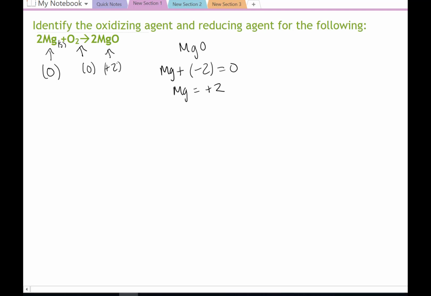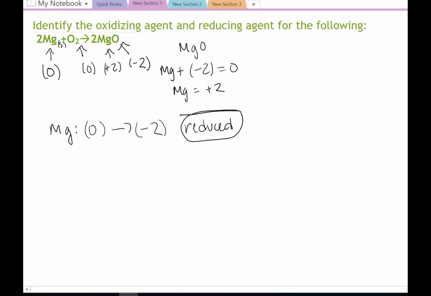So magnesium's positive 2, oxygen's negative 2. So we can see that magnesium is going from 0 to positive 2. So we would say it's being oxidized. And then we would say oxygen is going from 0 to negative 2. So we would say this is being reduced.